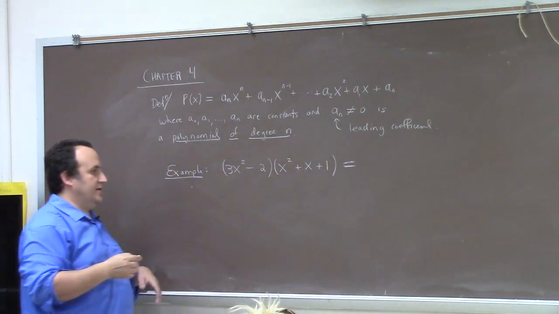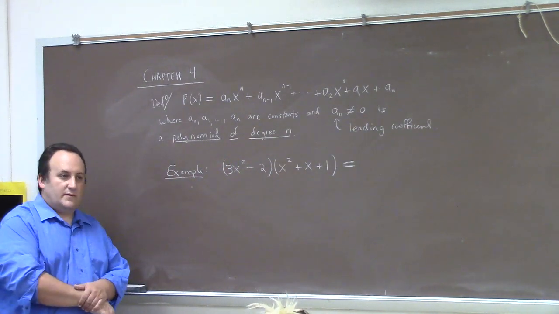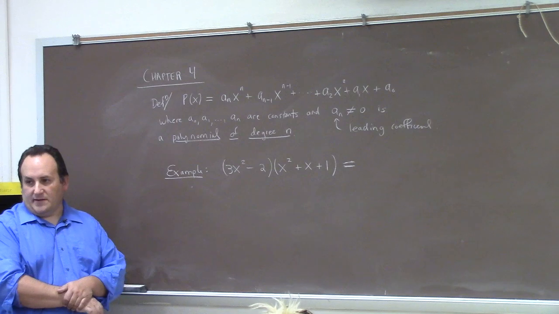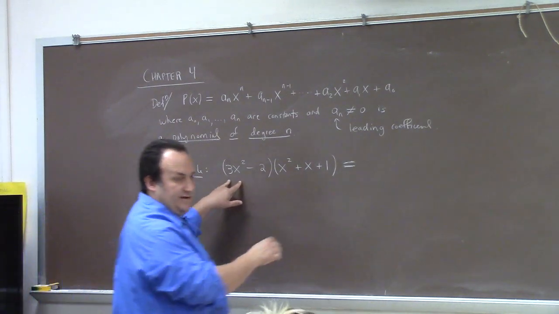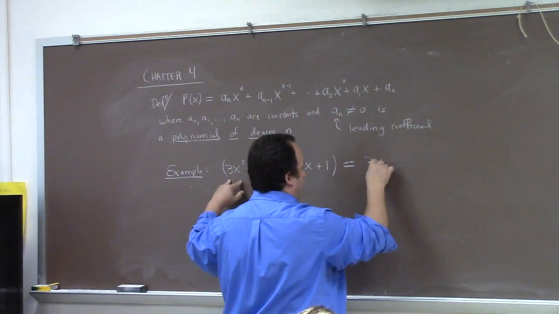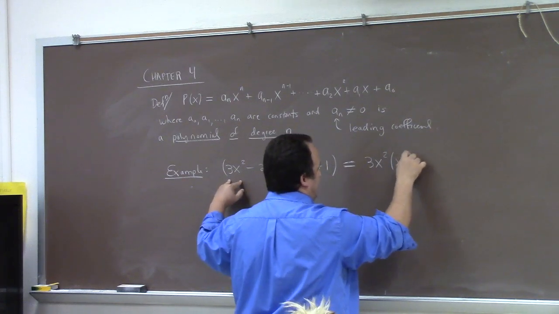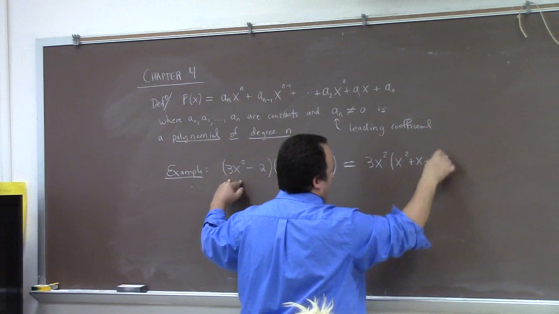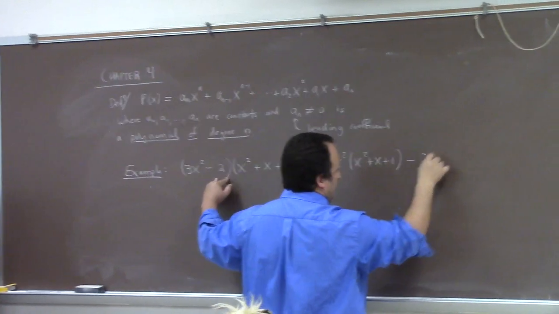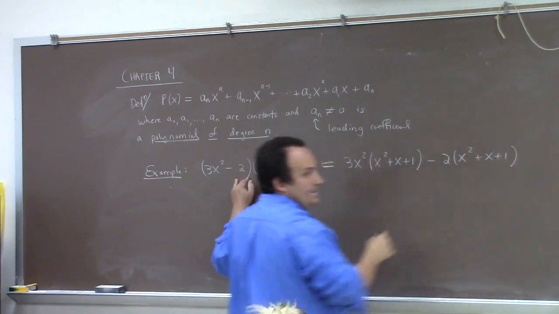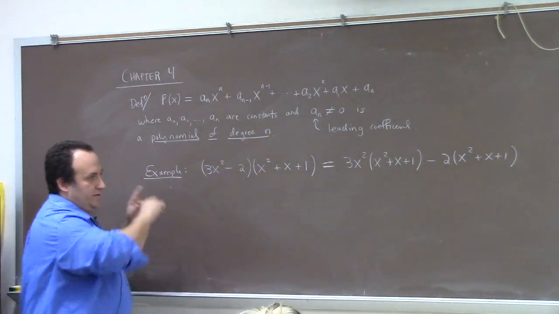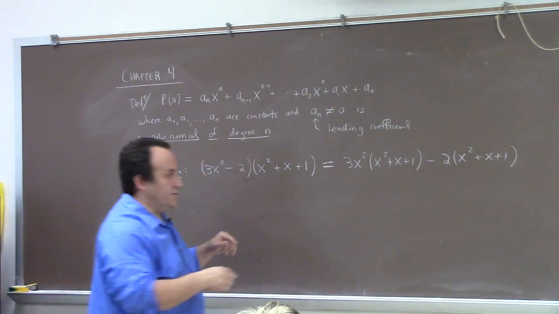How should we multiply these? We use what's called the distributive property. So I'm going to do 3x squared times x squared plus x plus 1 minus twice x squared plus x plus 1. And then we distribute through.